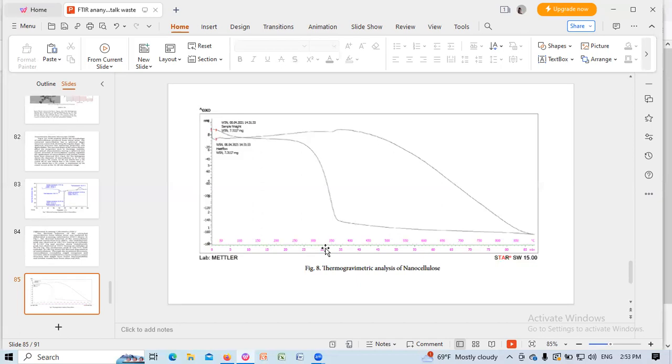The nanocellulose disintegration temperature is observed at 360 to 850 degrees Celsius, and finally decomposition occurs.